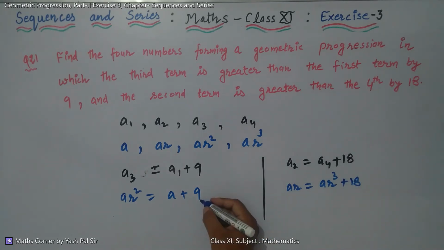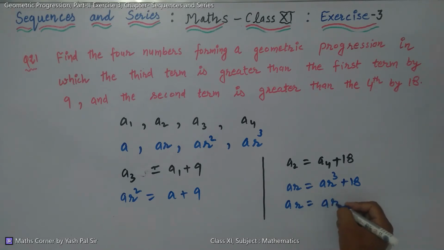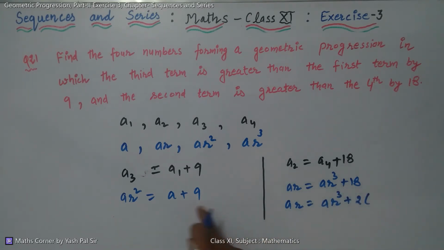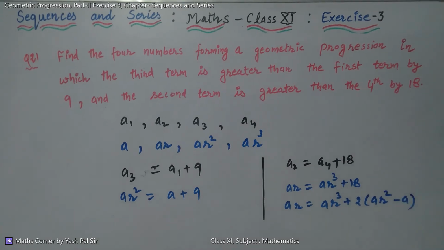So from here we can substitute the value of 9. This becomes ar is equal to ar cube plus 2 into 9, and 9 is equal to ar square minus a, right? So solving this now, we have a common throughout, so it cancels.